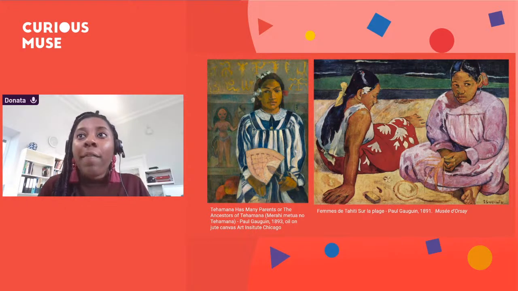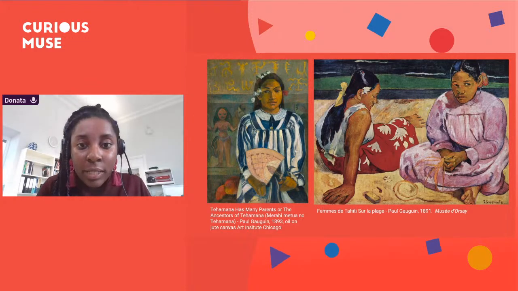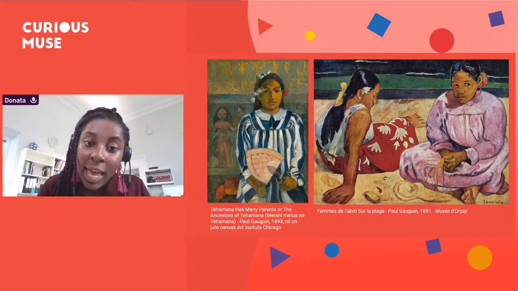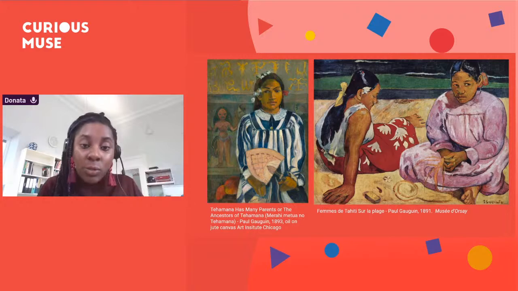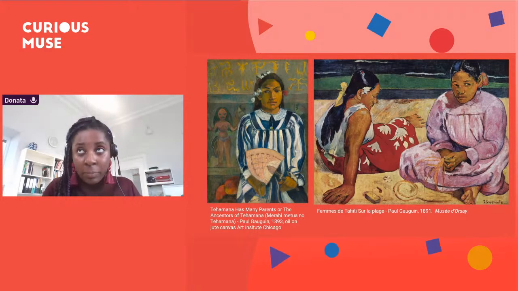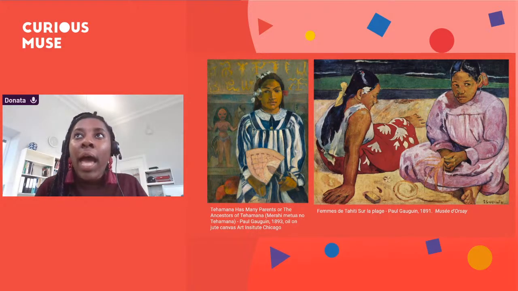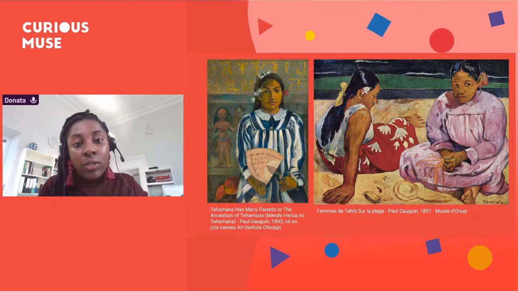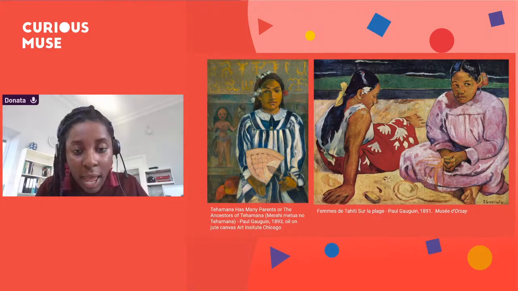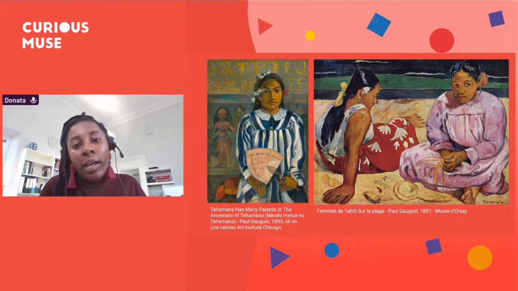But then he's also included other elements that are really worth noting. So, referring to the ancestors, he's got the picture of one of the ancestral figures in the background. And in Tehamana's hair, she's got this austere dress on, covering her in a very Catholic Christian way, but he's put flowers in her hair that really represent desire for him.